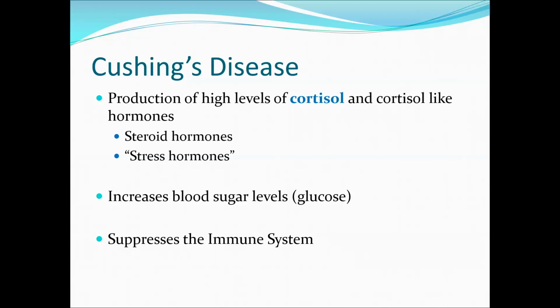The adrenal glands. Excellent, the adrenal gland. So the adrenal gland is the source of your cortisol or your steroid hormone. So there's nothing wrong with the adrenal gland, but it is being told to keep producing more cortisol. So it does. Cortisol then causes stress on the body.